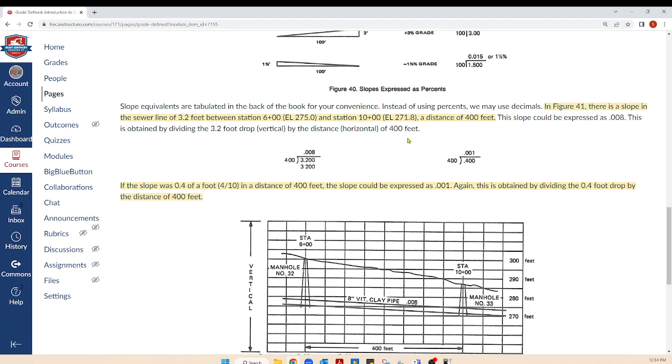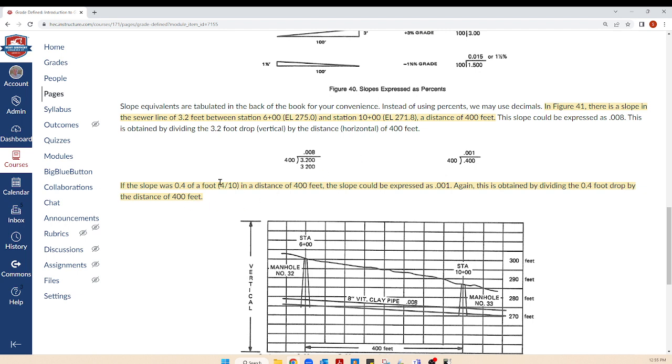So the formula, they haven't written it down here, but to find the percent fall or rise, you take the vertical distance of the fall or rise and you divide it by the horizontal distance. That's all they did here.